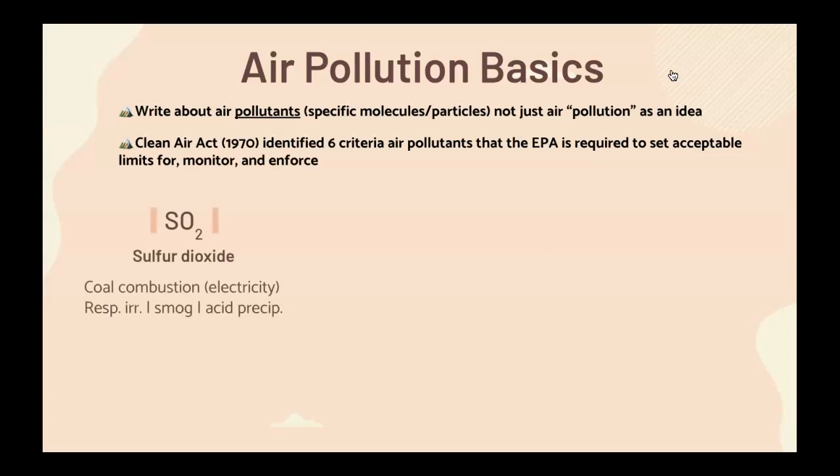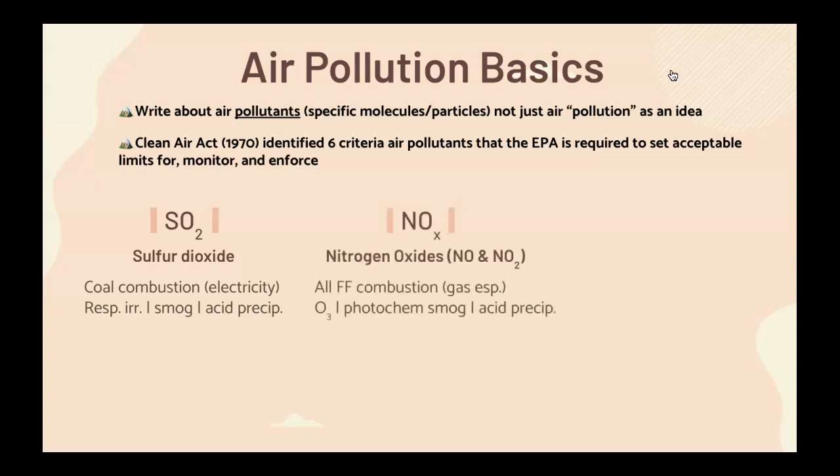And so these 6 criteria air pollutants that we're going to talk about are SO2, which is sulfur dioxide, and this comes primarily from coal combustion in terms of electricity generation. And as a result, it can be a respiratory irritant. It is an ingredient in smog, and it can also lead to acidic precipitation or acid rain.